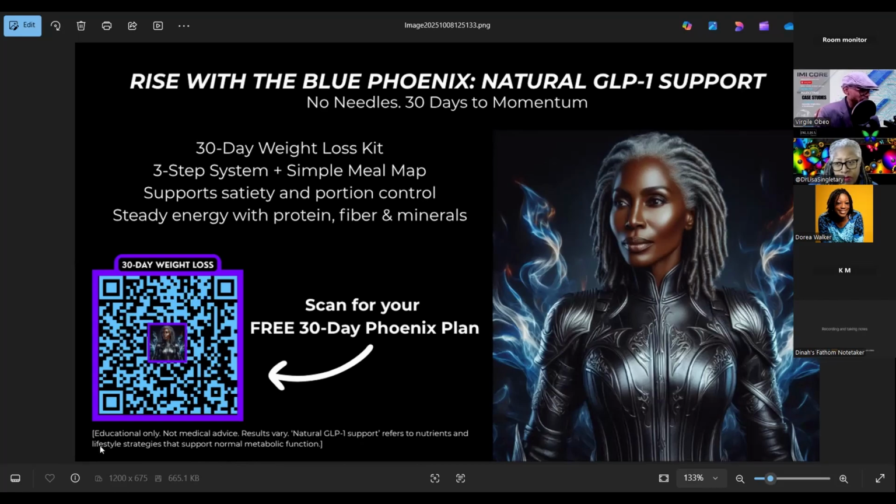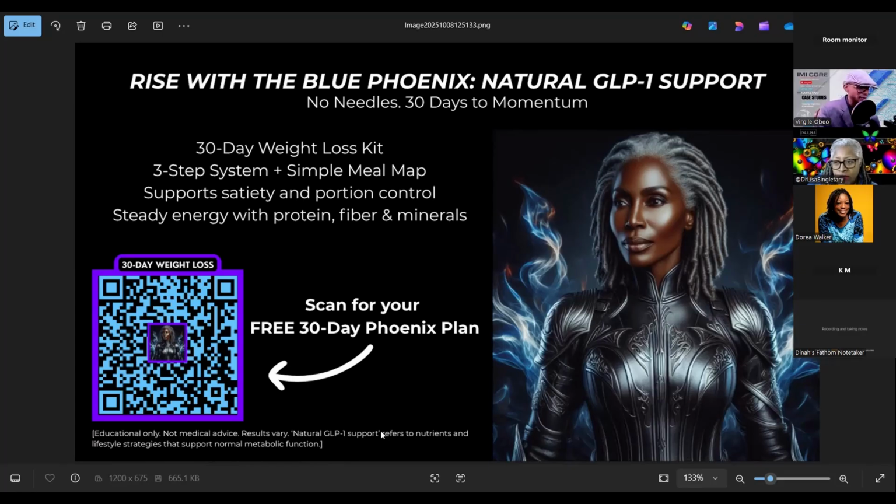That is actually a very clear statement here. The nutrients and lifestyle strategy that support normal metabolic function. And this is part of the disclosure, correct? Disclaimer. Yes.